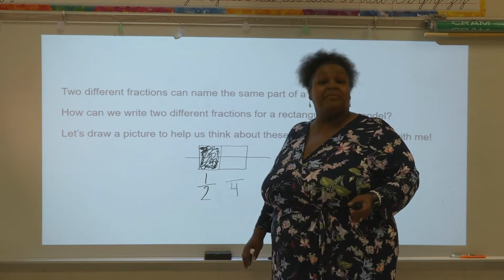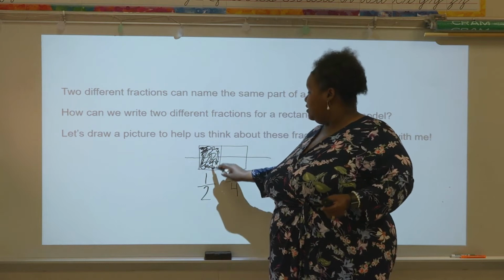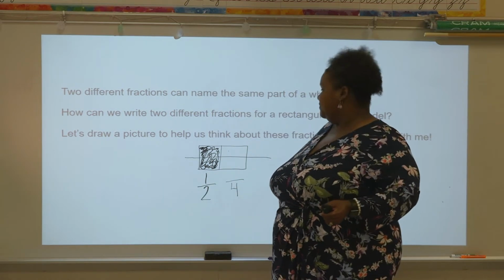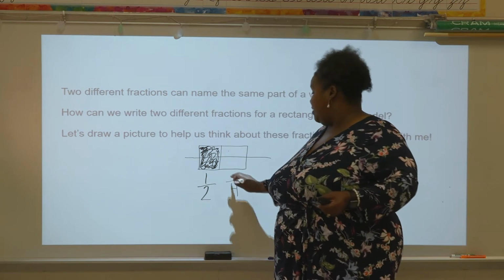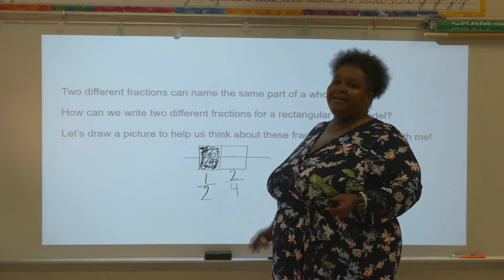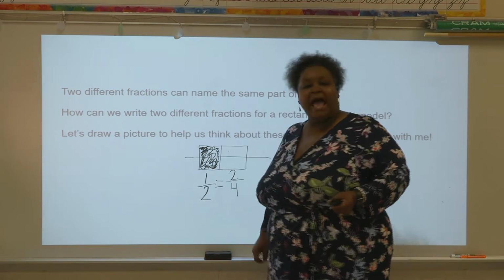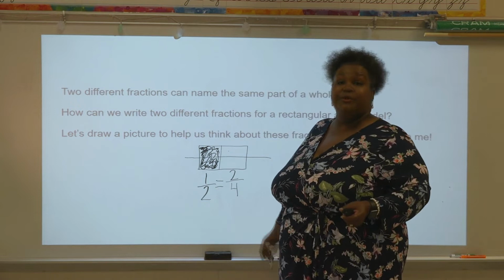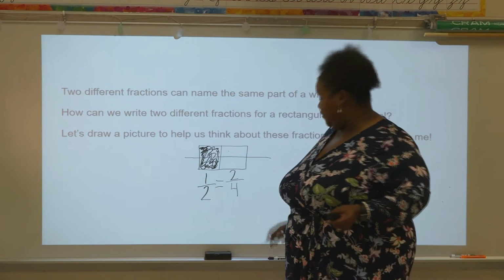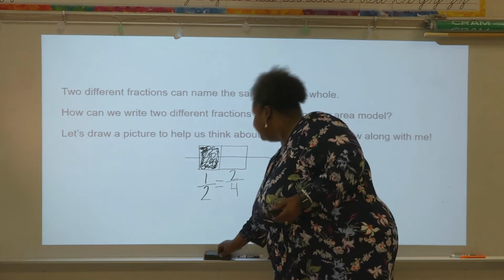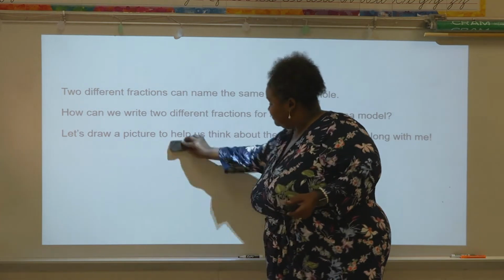It tells me how many pieces in all. 1, 2, 3, 4. Now I have 4. How many pieces are shaded now? 2. I just found the equivalent fraction. 1/2 is equivalent to 2/4. This is what this area model showed me.